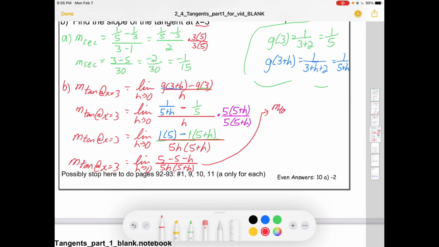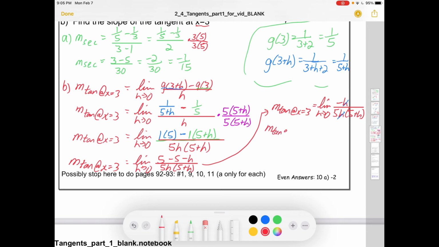Maybe you can tell on top that those 5s are going to add to 0. So the slope of the tangent at x equals 3, and again, there's better notation coming, is going to be negative h all over 5h times 5 plus h. And now, finally, some cancellation can happen in division. These divide out.